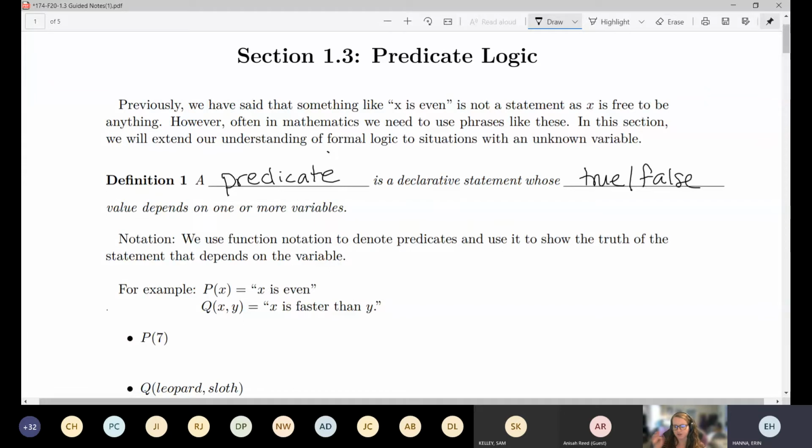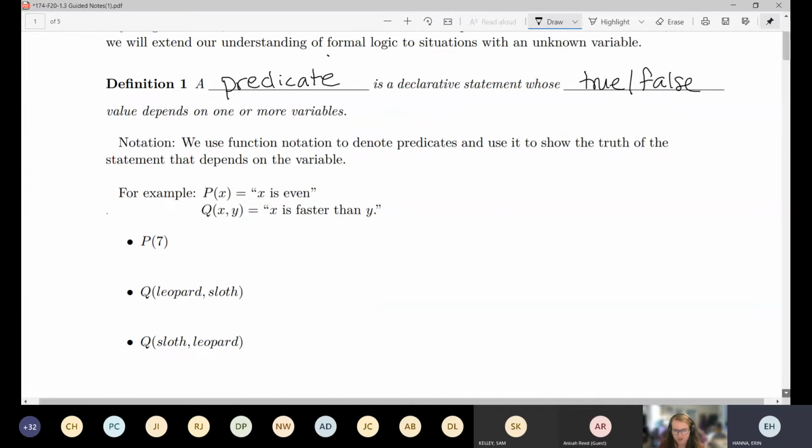So we're essentially going to use function notation to denote a predicate. Say, for example, I have the predicate P of x, so that's going to mean that x is even, or Q of x comma y, so I can have more than one thing inside there, means that x is faster than y.